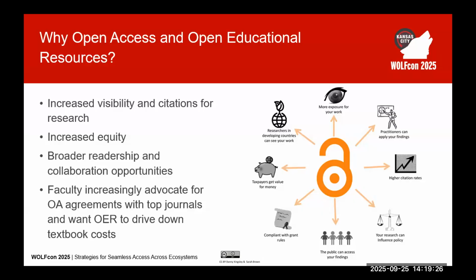Faculty are increasingly advocating for publishing under open access models as well. Institutions and universities will also often have textbook initiatives to drive down the costs of textbooks and course materials. So there are a lot of forces convening to increase the amount of publishing that occurs under these models.